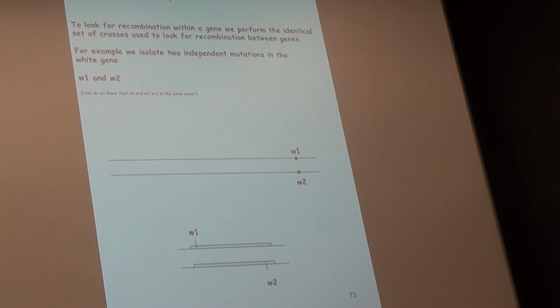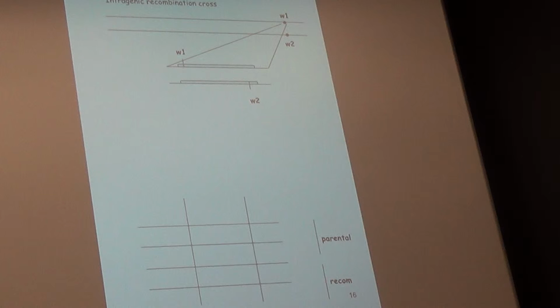Right? So if we zoom in on the white gene in this heterozygous individual, there's a mutation W1 here, there's a mutation W2 here. We're going to look at the crossing over that takes place over here.